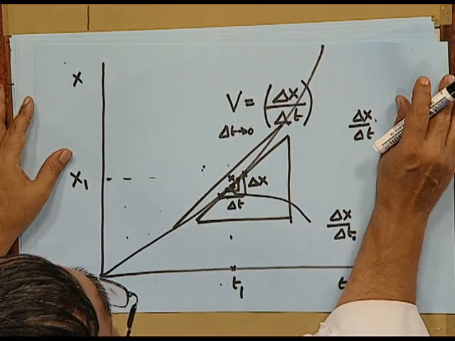So, what we have done today is to define average velocity as velocity in an interval of time, that is, the change in position coordinate, which we have called displacement, over an interval of time.